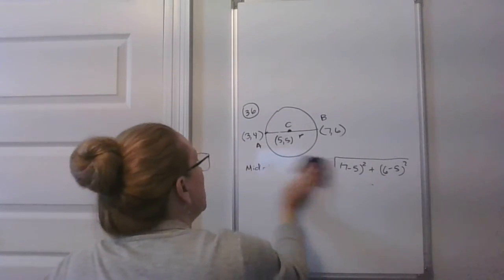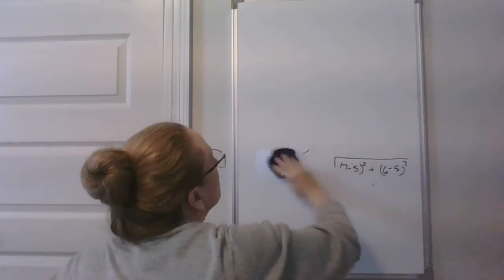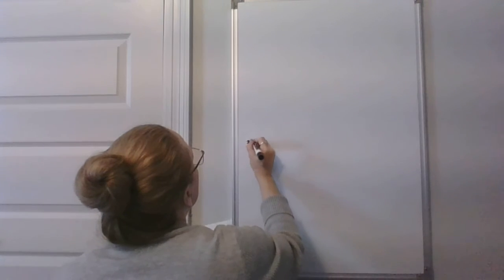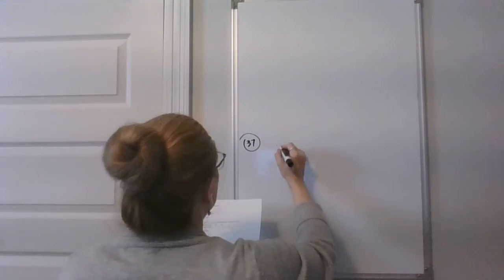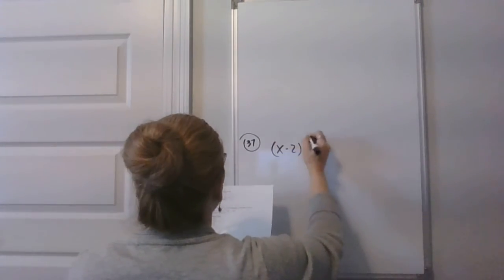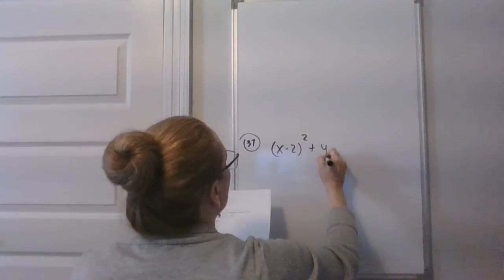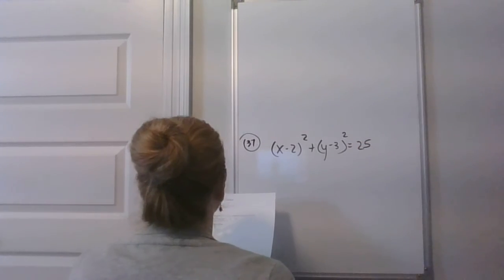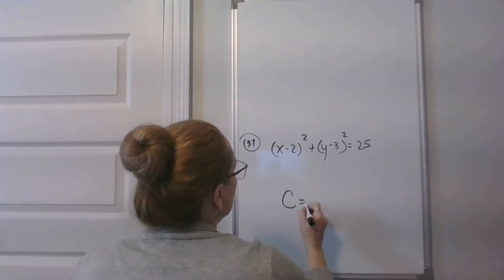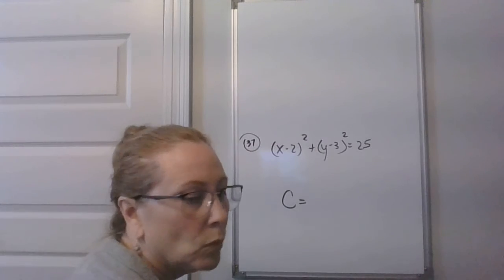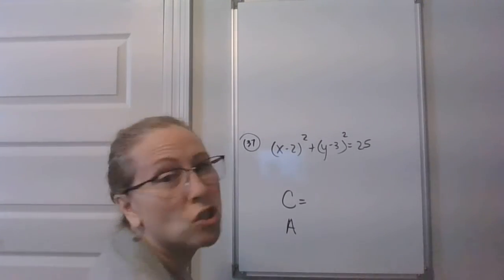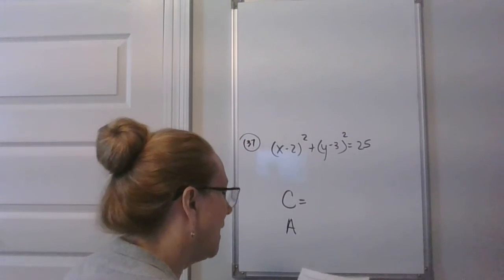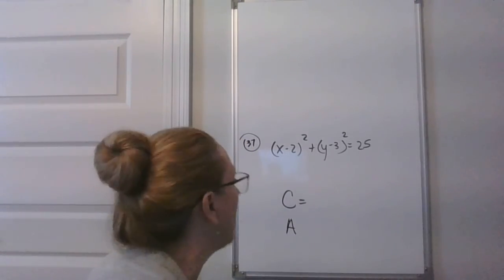Last one, which is going to be a lot shorter, which is number 37. Number 37 says, okay, I've got x minus 2 squared plus y minus 3 squared equals 25, and I want to know the circumference of the circle. Well, I'm also going to throw in, just for lagniappe, the area of the circle, and it says type an exact answer in terms of pi.